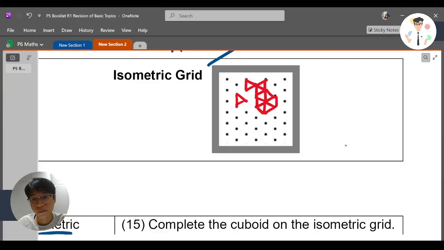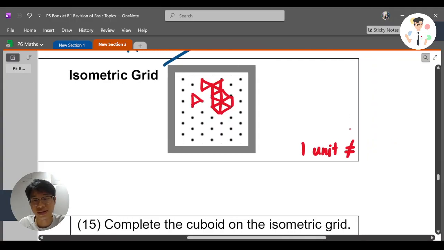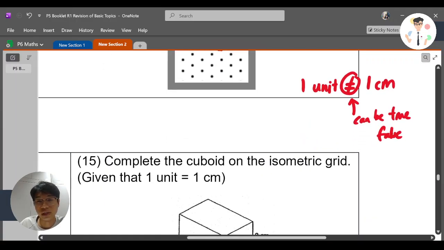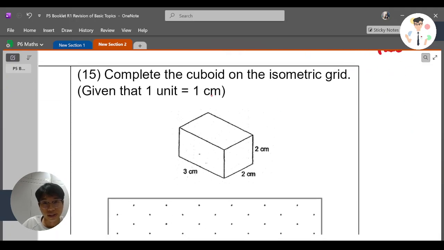And just a reminder that 1 unit does not necessarily mean 1 cm. It can be true, it can be false. For example, if the question says 1 unit is 1 cm, then you can take 1 unit as 1 cm. But if the question did not say that, then you don't assume that.